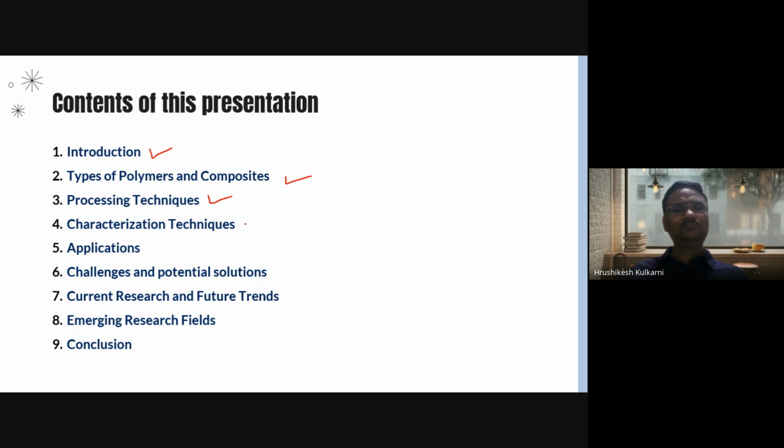Then the characterization techniques involved, and applications, which is the most important part of this presentation. Then the current challenges and potential solutions available for this technology, and the current research and future trends. Those who are looking for research publications or PhD topics can focus on point number 7, emerging research fields, which I am going to tell you. And finally, we will have the conclusion and question-answer session.